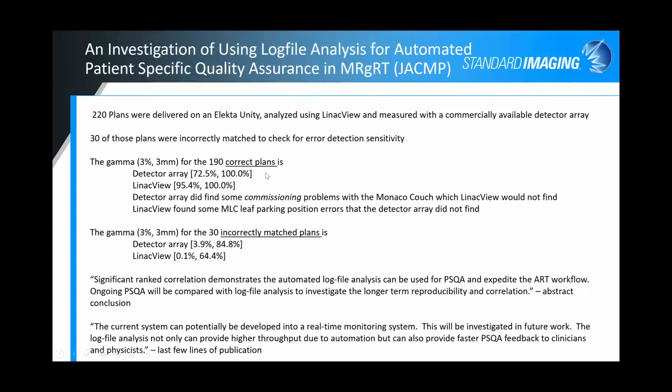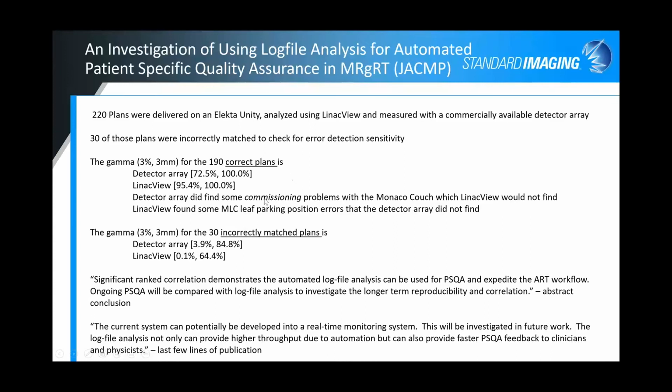A few important details about that. So the detector array did find some commissioning problems. As I stated before, this is a good patient-specific QA system for a well-commissioned system. These were early plan deliveries and comparisons, and they did find some commissioning problems, in this case with the Monaco couch. This is a sort of error that Linac View would not catch.